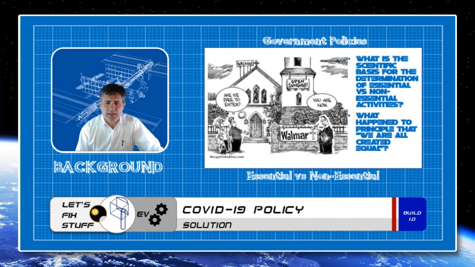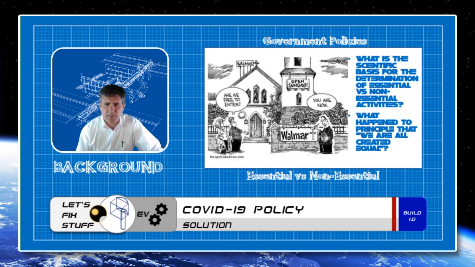Let's start looking at policies that are developed around essential versus non-essential businesses. So essentially, a lot of governors have gone off and put out executive orders that specify which businesses are allowed to remain open, which ones are allowed to be closed or should be closed. And there's no scientific determination for any of this.